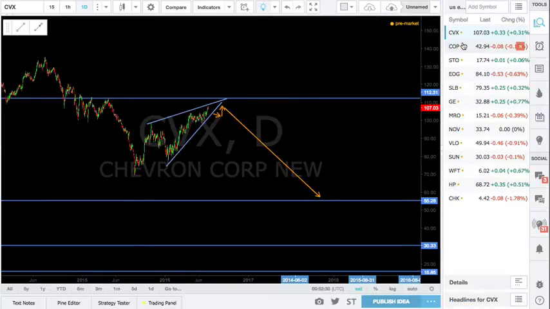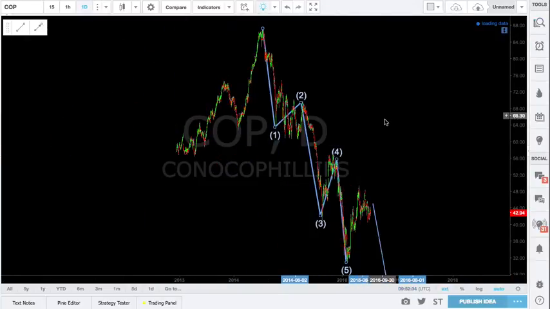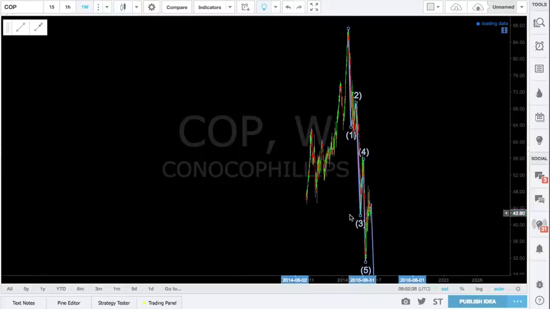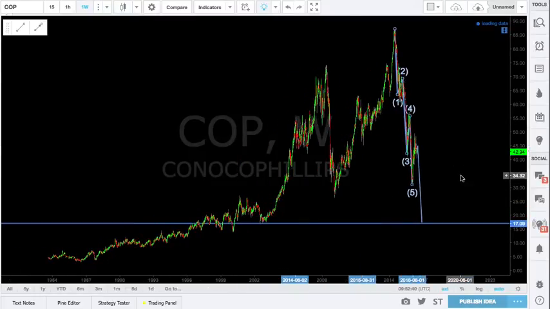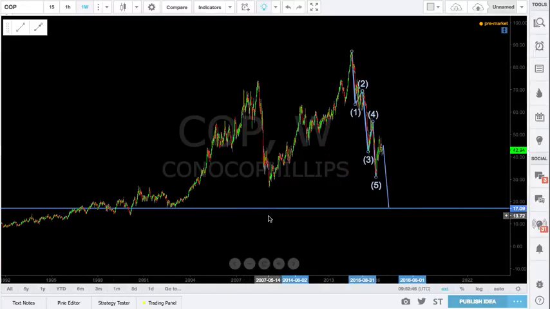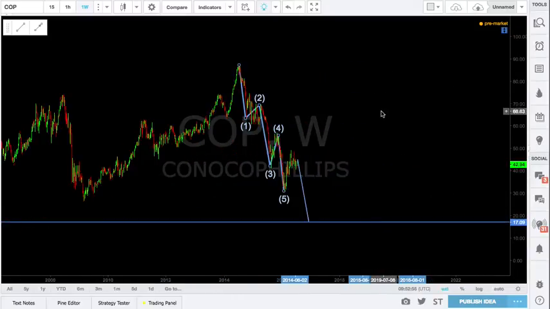Okay, moving on to ConocoPhillips. So let's get into the weekly view. Similar kind of pattern, I guess, trading at a very low level for a while, and then you can see we start getting these impulses and then quite a deep correction, and then we've done a big run up.